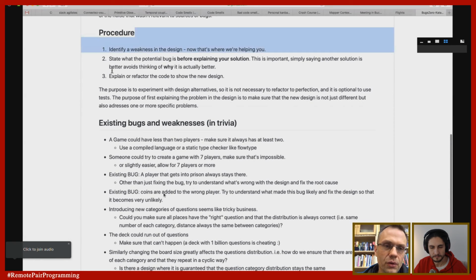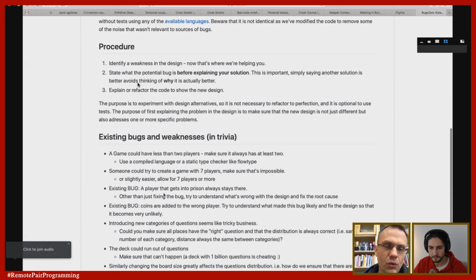And here's also the procedure of how we want to experiment with thinking: identify a weakness in the design, which is actually what I'm giving on a plate here. So you might want to look at it a second time. Yeah.